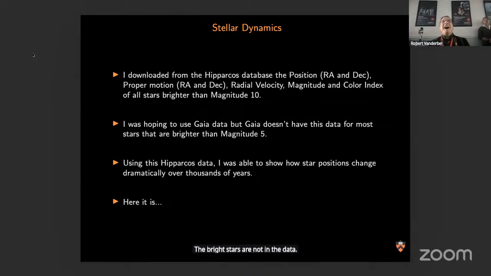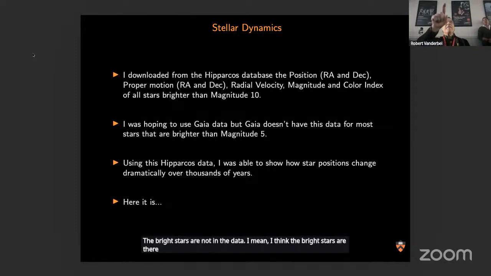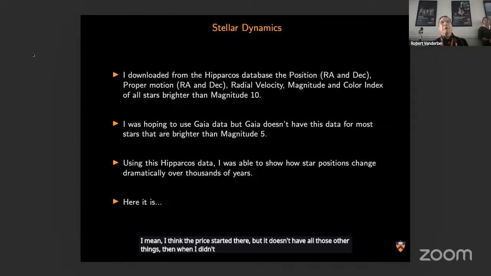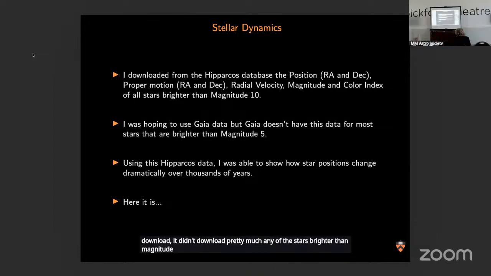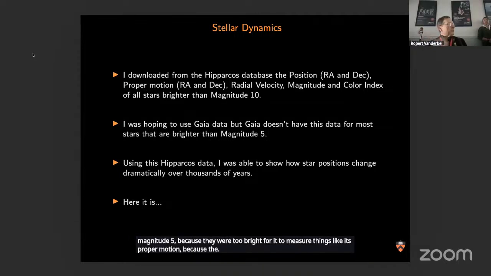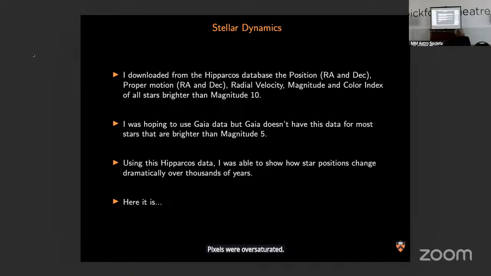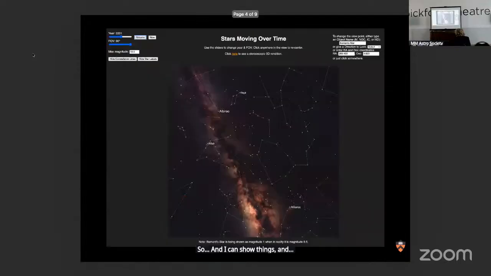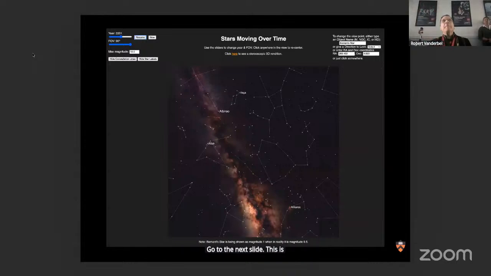I mean, I think the bright stars are there, but when I did the download, it didn't download pretty much any of the stars brighter than about magnitude 5, because they were too bright for it to measure things like proper motion, because the pixels were oversaturated. So I used the Hipparcos data, and then I can show things and go to the next slide. This is just a screenshot, but when I click on it, we're going to actually be able to play with this web page.